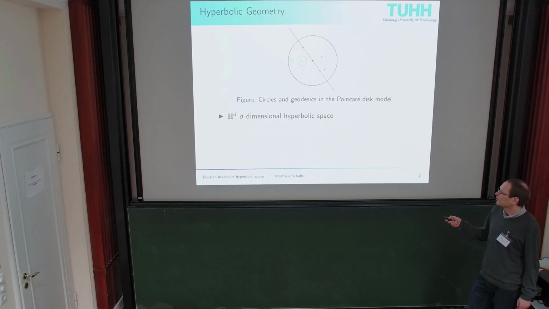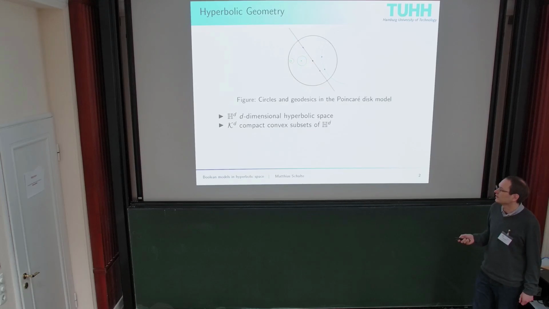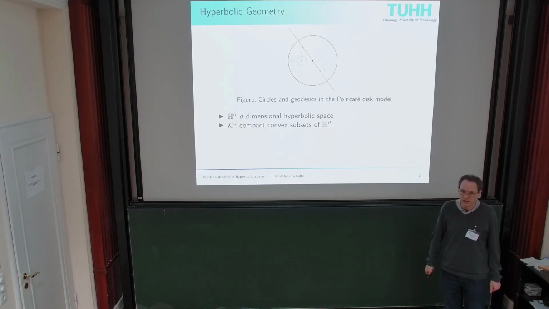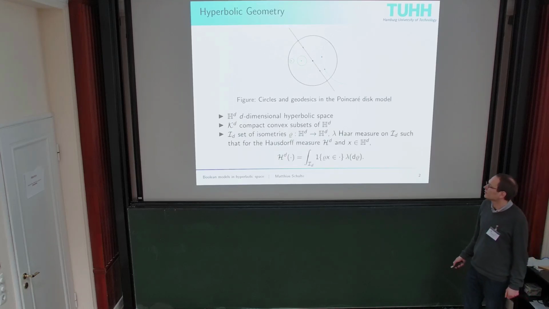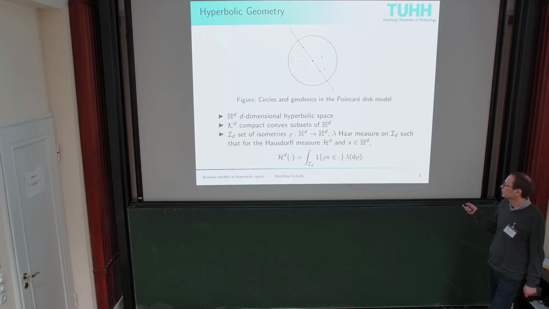So I denote by H^d the d-dimensional hyperbolic space. And within this space, we denote by K^d the set of compact convex subsets. In this talk, we use isometries on hyperbolic space, and the set of all isometries is denoted by I^d. And then we can equip the set of isometries with a Haar measure, which we denote by lambda.